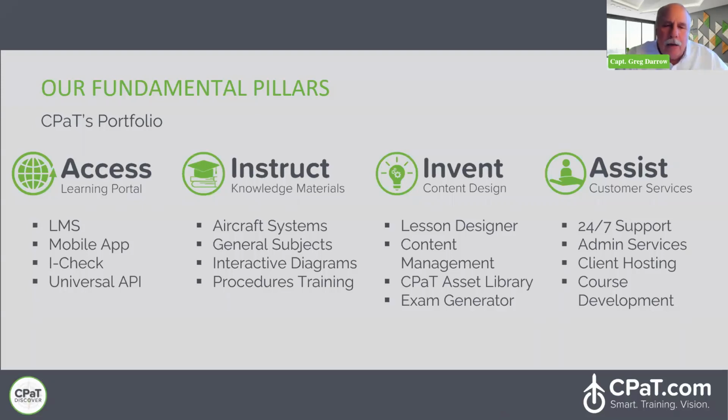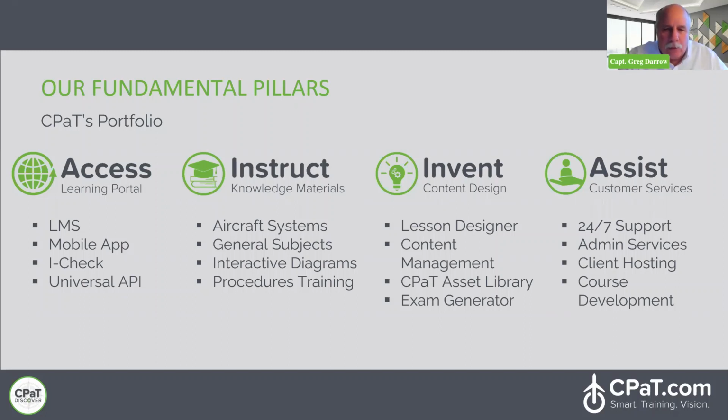CPaT offers many different courses and services, and we organize those into four main pillars. The first pillar is Access. CPaT Access is the CPaT courseware delivery and management system. CPaT Instruct is where most of our courseware lives, or all of our courseware, actually.